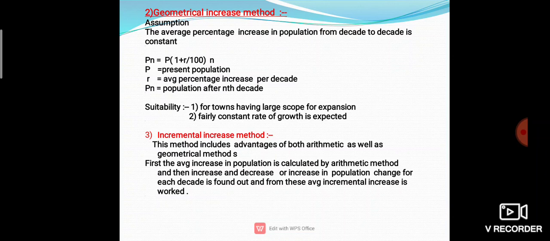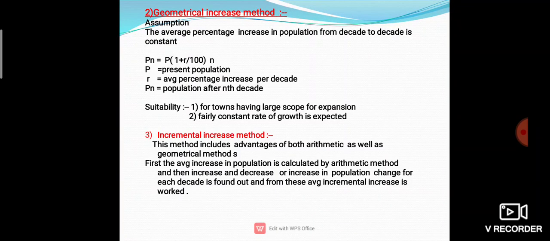So the method is based on the assumption that the average percent increase in population from decade to decade is constant. And one more thing, from the census data of previous decades, the percentage increase in population between consecutive decades is found out and its average calculated. The future population after n decades is calculated by using this formula.